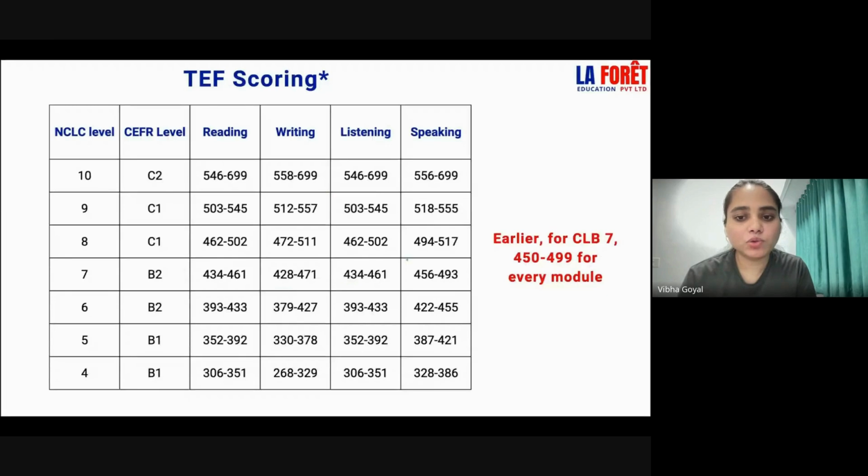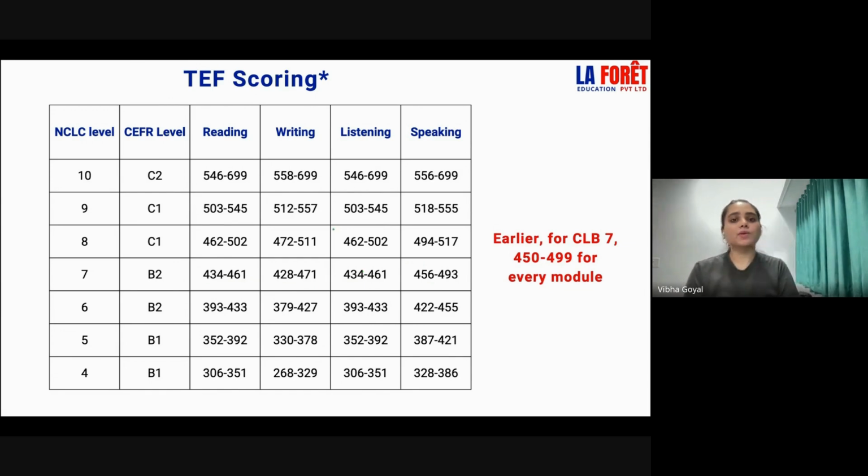Earlier it used to be 450. This is B2 plus. So it has become simpler to score B2 in these three sections, but a little difficult in the speaking section because it has increased by 6 points.